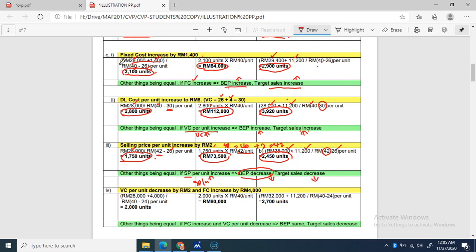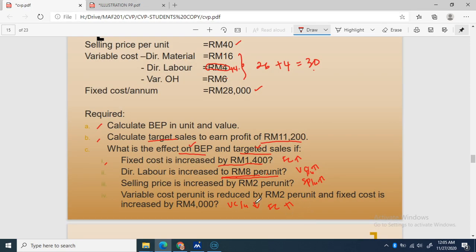So if you refer to numbers 1, 2 and 3, it's only one factor changing. What will happen to number 4 if there are two changes simultaneously? The changes here are variable cost per unit decreased by 2 ringgit and fixed cost increased by 4,000.